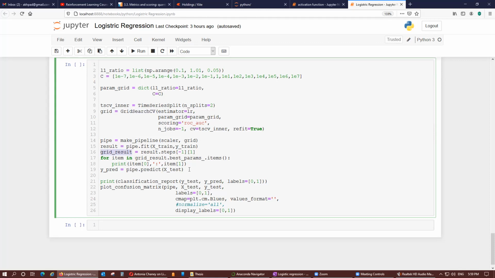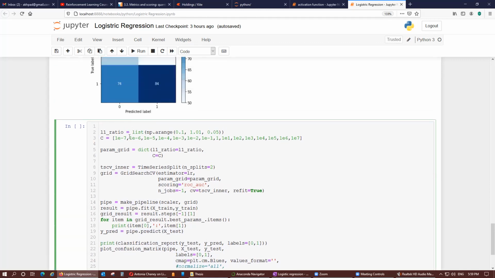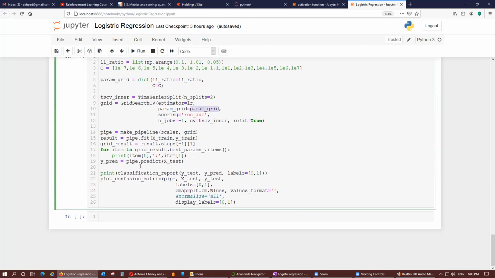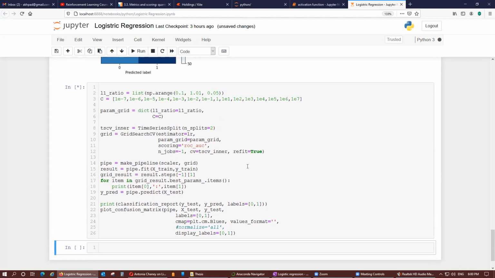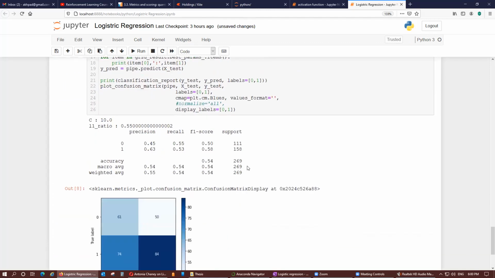You can print those values and predict, and similarly you can do it. The important thing here is that you have to put in all the possible values and pass them into the param grid, and let's run it and see. It will take some time depending upon how many variables you have put in.